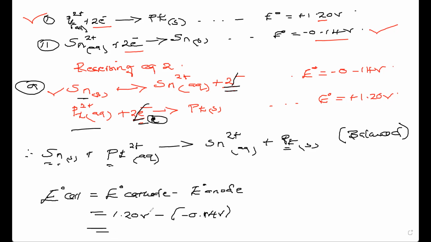So when you do that, what are you getting? 1.34 volts. 1.34, right? 1.34 V. So remember, the sign is positive. So it means this is the E cell for that reaction.